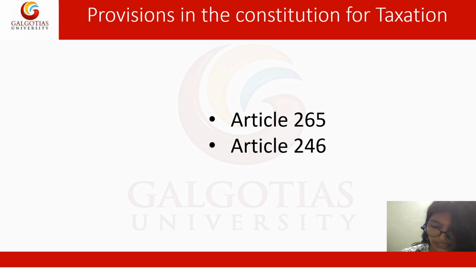Let's take a look at the different provisions in the Constitution regarding taxation. India has a three-tier federal structure comprising the union government, the state government, and the local government.